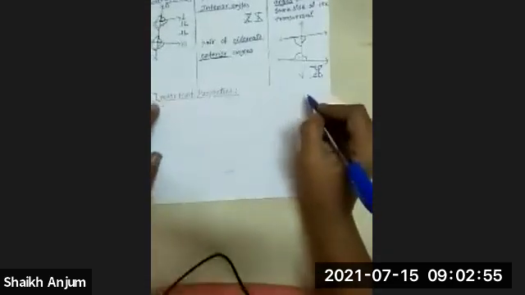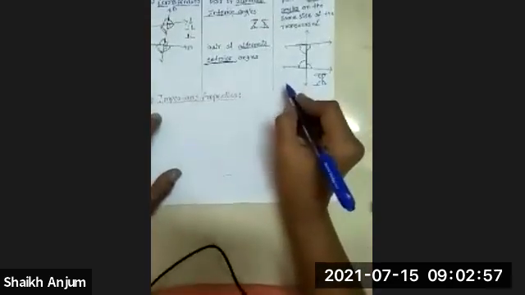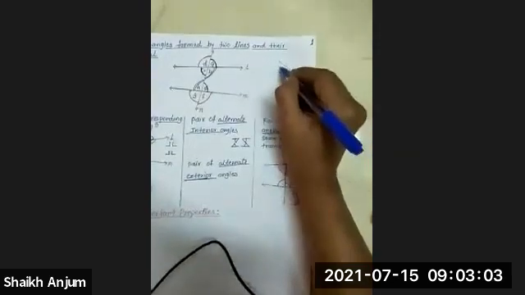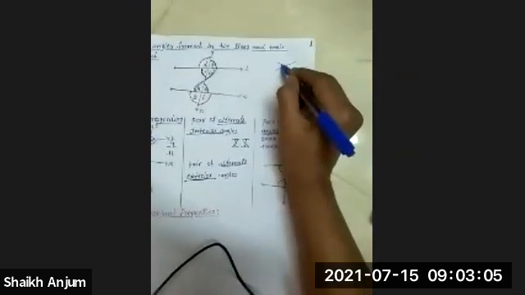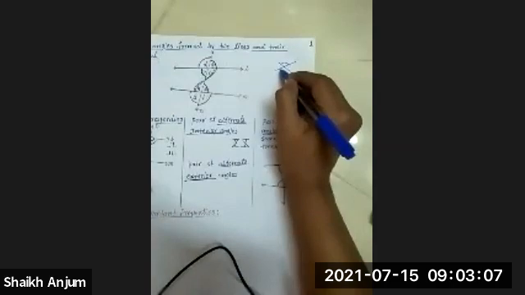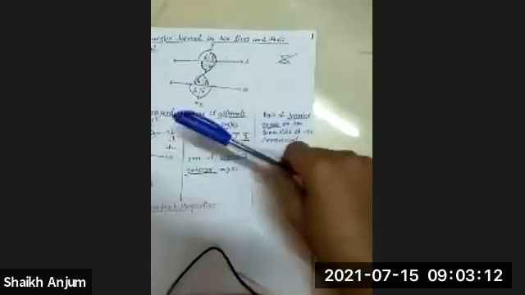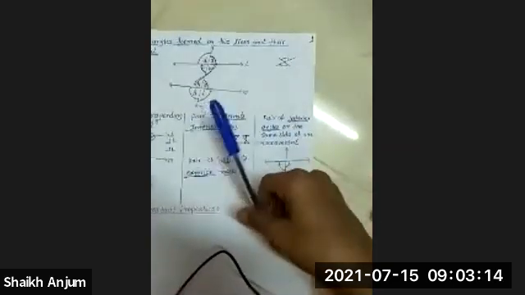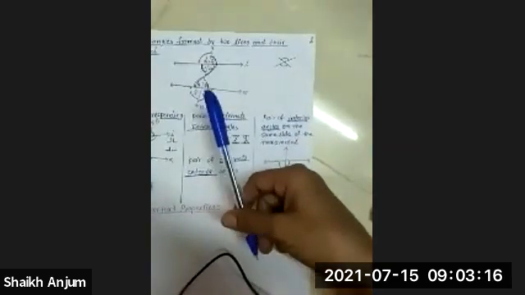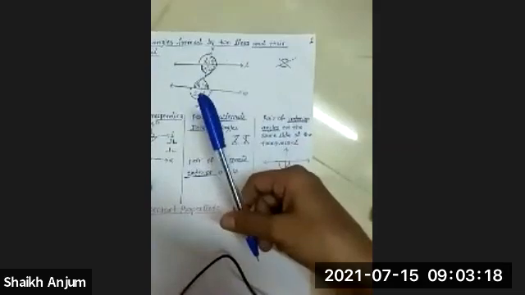Now, another pair of angles, that is vertically opposite angles. If I take two crossing lines, this pair is called vertically opposite angles, or simply vertical angles, or you can also say opposite angles.